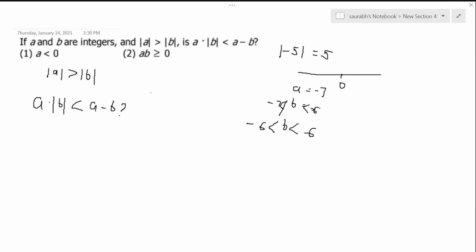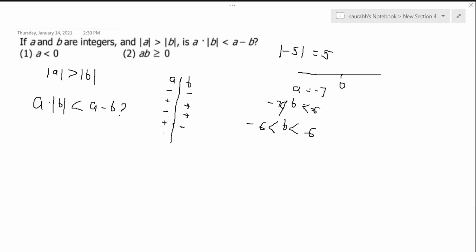The possible scenarios could be, let me write it down, A and B: both A and B negative, that's one, or both A and B positive. Another possible scenario is A negative and B positive, or A positive and B negative. Isn't it? Any other possible scenario that you can think of?